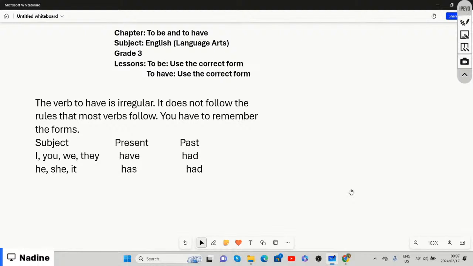For example, we have our subject and then we have the present as well as the past. Basically, how we use the words in the present tense as well as in the past tense.